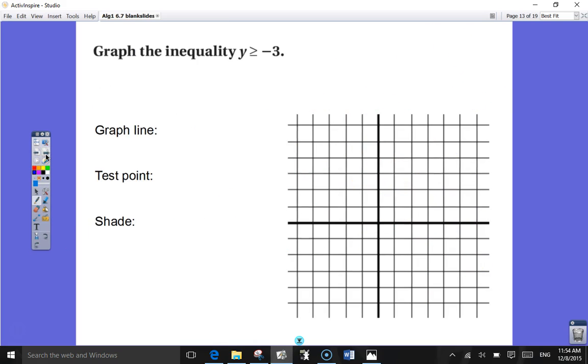Okay, let's try. So now these last couple say linear inequalities in 2 variables, but that's not 2 variables. What does that tell you about the line that we have to graph that's dividing the plane into 2 parts?